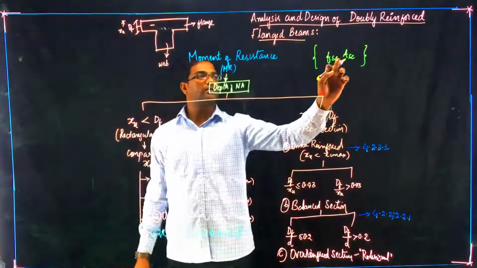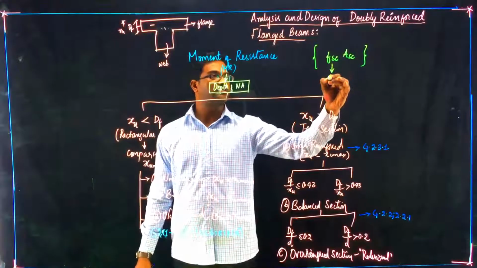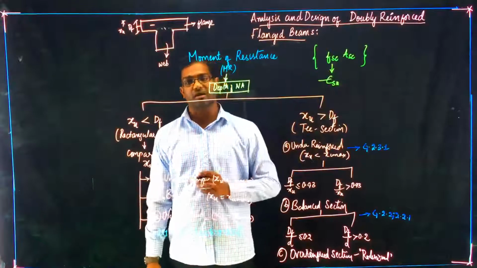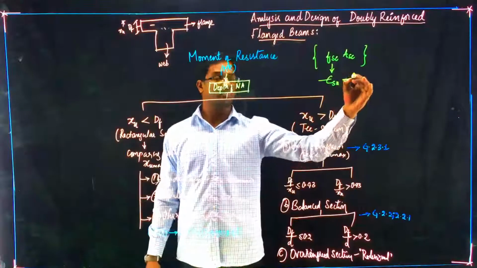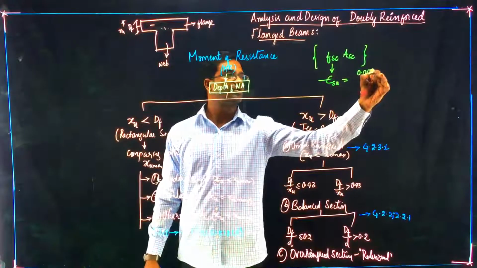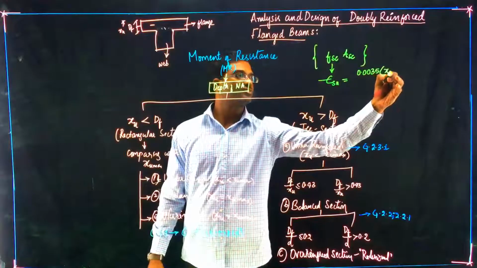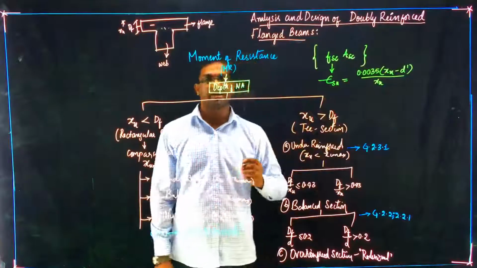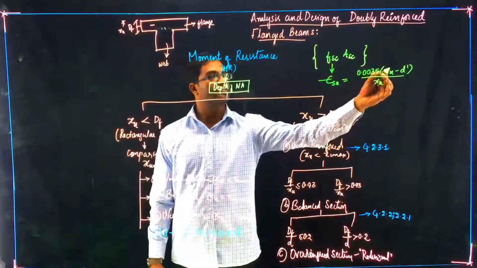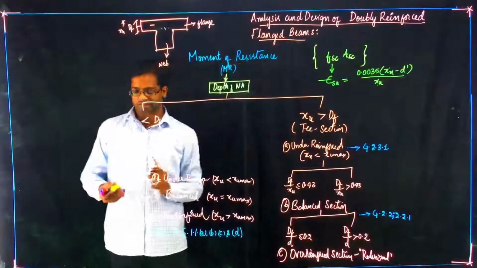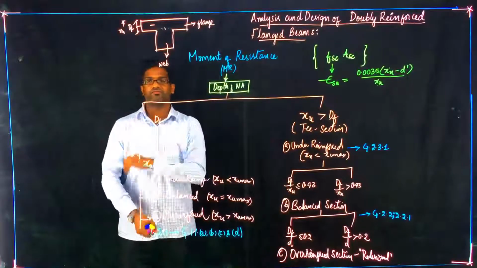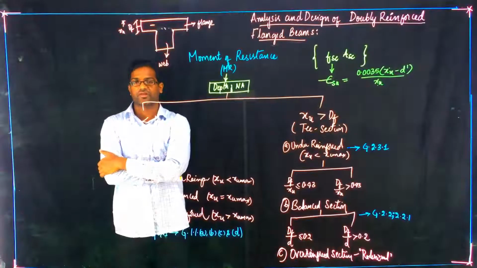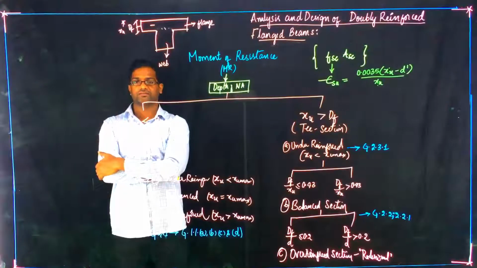Now you will calculate the FSC based upon the ultimate strain in the steel in compression. As per code it is given by 0.0035 times (XU minus D dash) by XU. So again this is dependent on XU. So the entire moment of resistance calculation for a doubly reinforced flanged beam is based on an assumption of the neutral axis. We will do one problem, and you will understand.